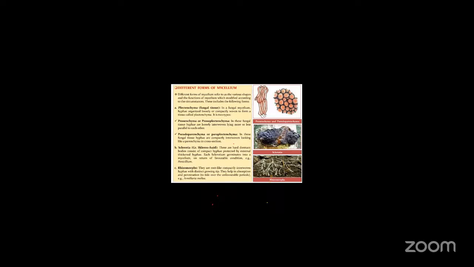Again, plectenchyma has two types: prosenchyma and pseudoparenchyma. Prosenchyma means in this fungal tissue, hyphae are loosely interwoven, lying more or less parallel to each other. Pseudoparenchyma means in this fungal tissue, hyphae are compactly interwoven, looking like a parenchyma in cross section.